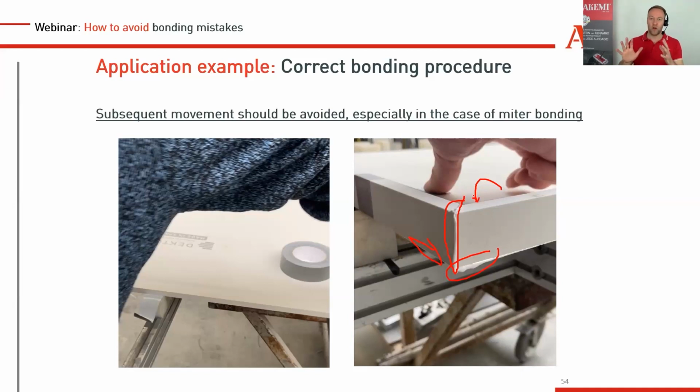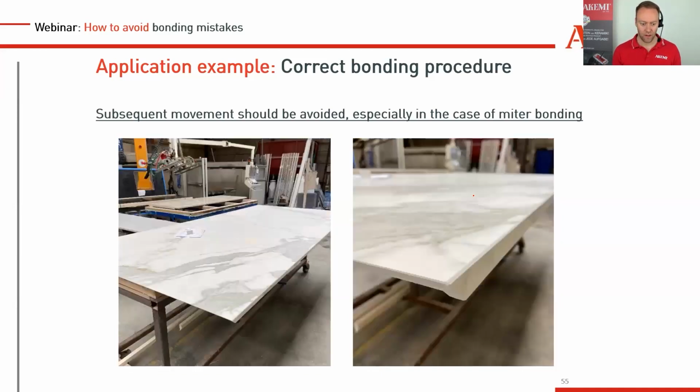So here you are sure the whole mitre bonding is covered by glue, and you will not have any air bubbles, and you will not have any problems later on. And then you will have a nice countertop with a nice mitre bonding.